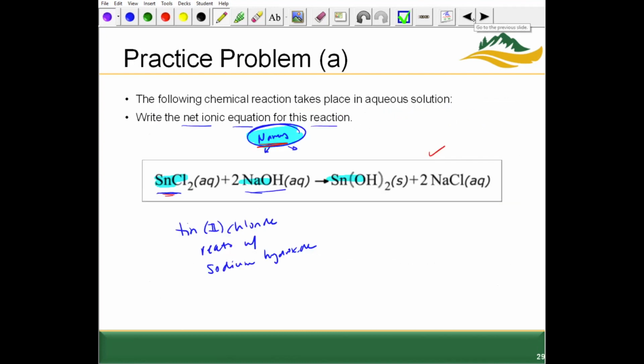So we may be told sodium chloride. From there, we know we could write out the name of NaCl, but from what was just mentioned on the last slide, we know that NaCl won't really be present as NaCl. Instead, we'll start to think about this as being Na+ and Cl- ions that are present in solution.